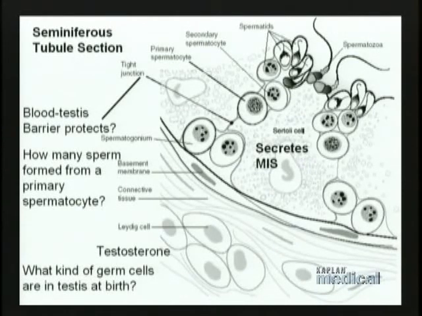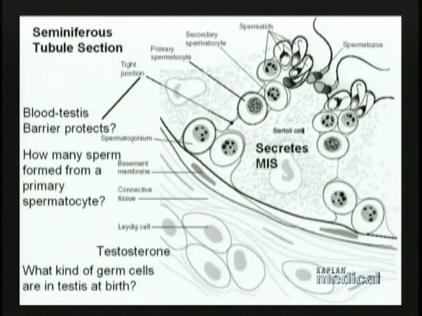A secondary spermatocyte will proceed through meiosis II and form haploid spermatids that now have a complement of 23 chromosomes and a complement of 1N DNA. It is the spermatids that then undergo spermiogenesis to form mature spermatozoa, an example of which you could see with tails emanating out into the luminal surface of the seminiferous tubule.